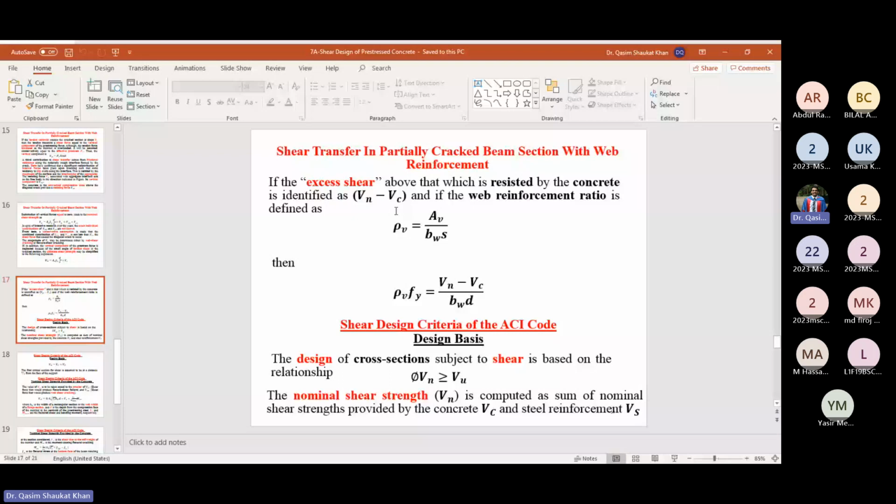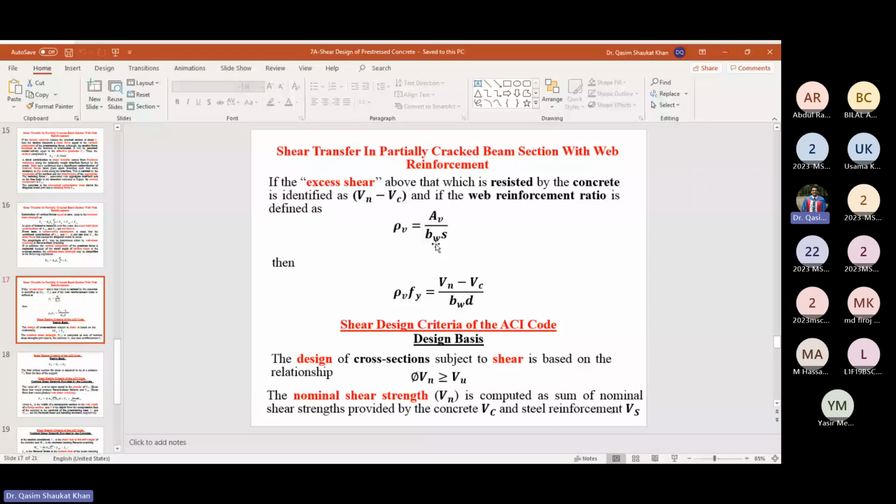And the web reinforcement ratio we define as the area of the shear reinforcement divided by the width of the web into the spacing of the shear stirrups. So the shear reinforcement ratio is defined as the area of the shear stirrups divided by the width of the web into the spacing of the stirrup.